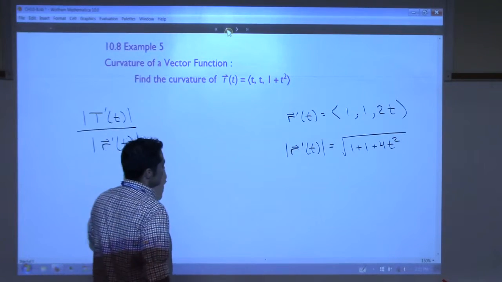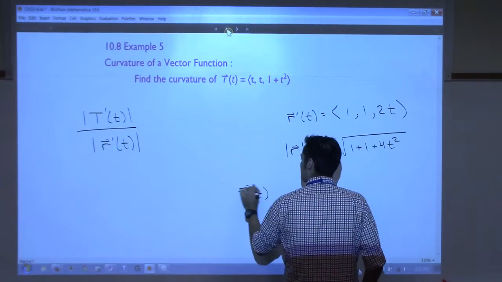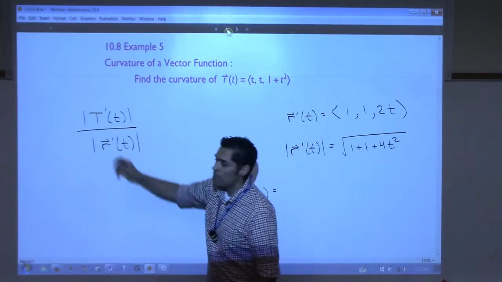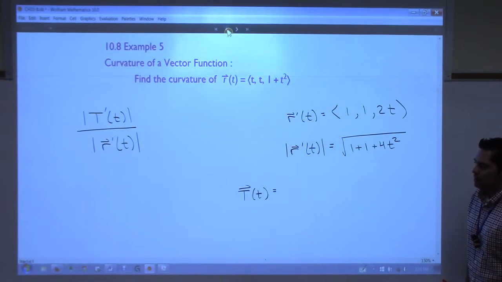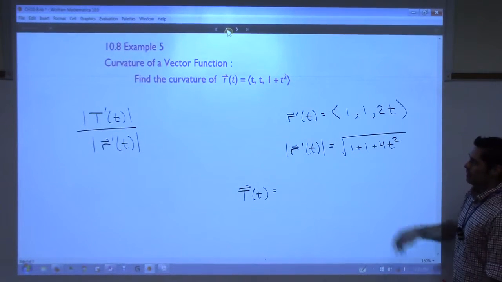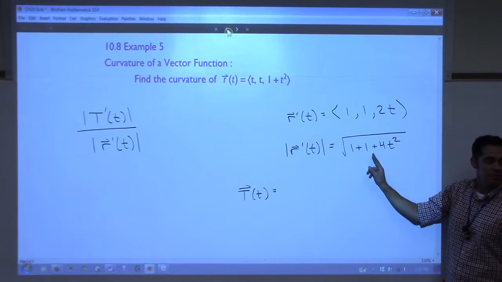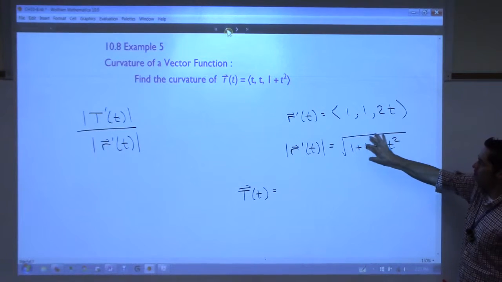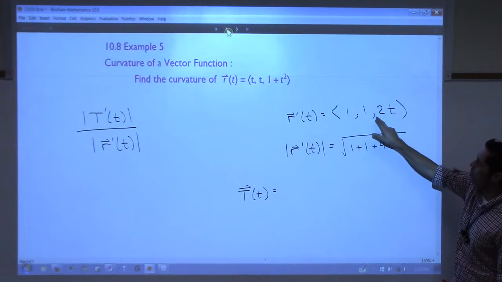What is capital T of t? Not this, but what's capital T of t from last class? It's this divided by its own magnitude, right? And this right here is a number, isn't it? And so I just divide each of these components by this.